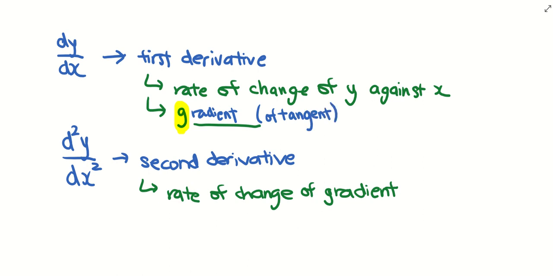So whenever you see gradient, find tangent, usually it's dy dx for A math. And gradient, as we all know, is the rate of change of y against x.